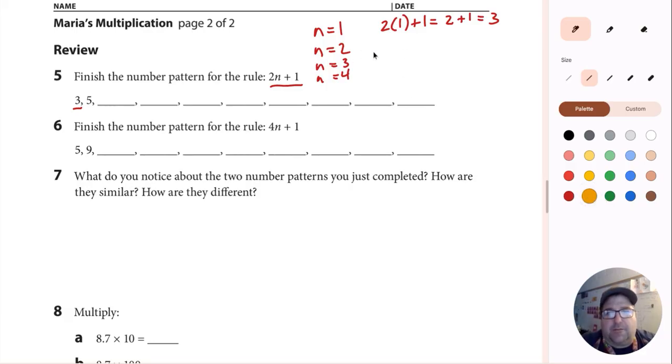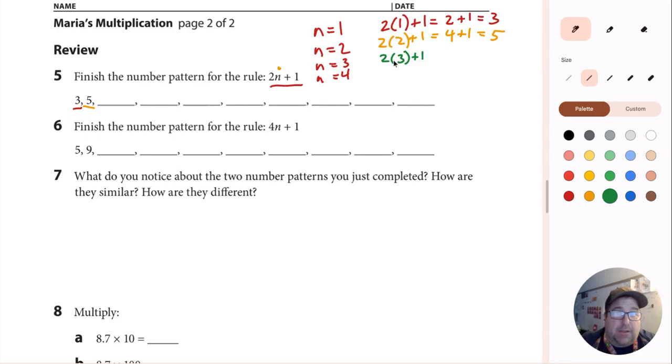Okay, what if n equals 2? Well, 2 times 2. All we're doing is putting these numbers in for this n right here. So 2 times 2 is 4. Plus 1, 4 plus 1 is 5. That's where that comes in. Okay, what if n equals 3? Well, 2 times 3 plus 1.